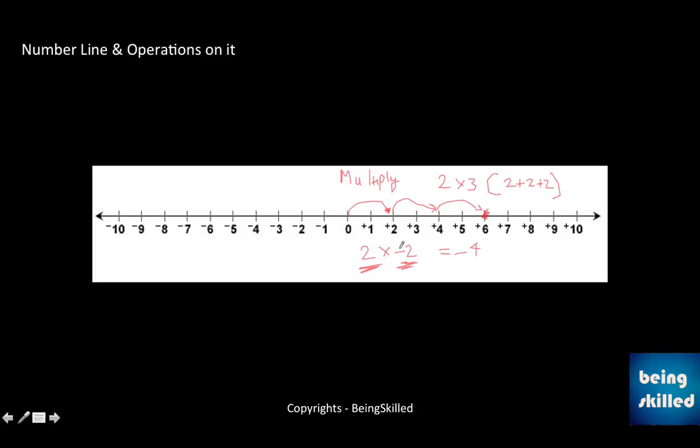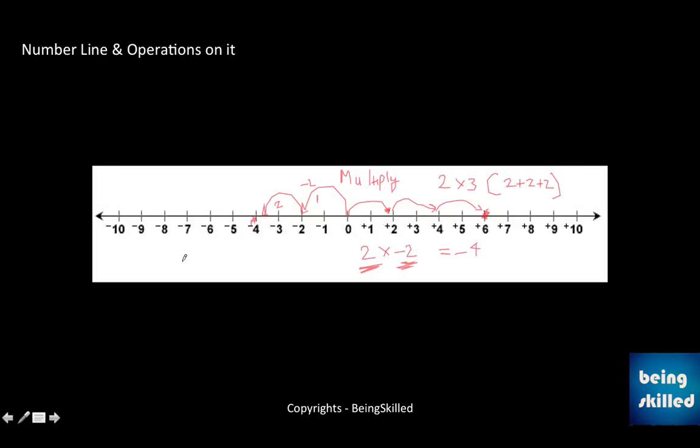So since we are having minus 2, consider that and take 2 times the steps of minus 2. So 1 and 2. So each step is of minus 2, and that 2 times, 1 and 2 times.